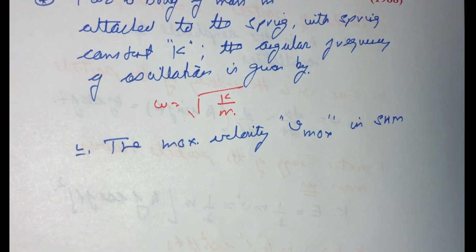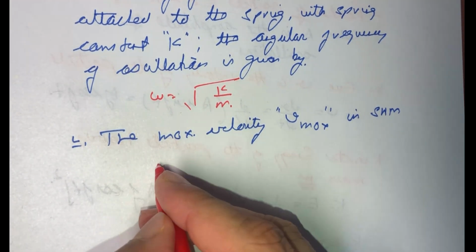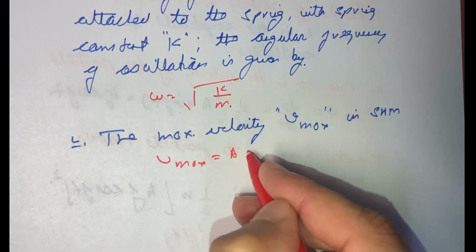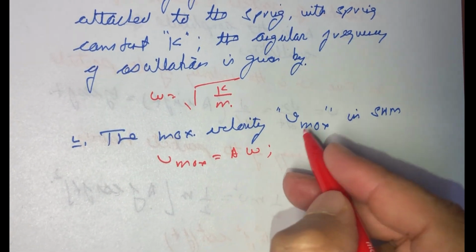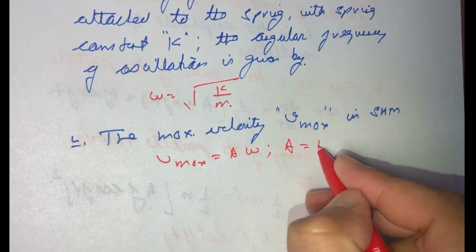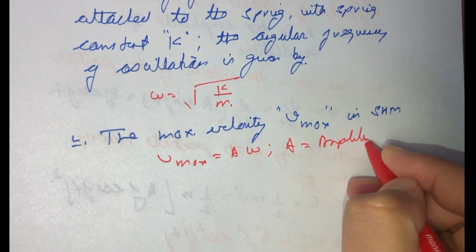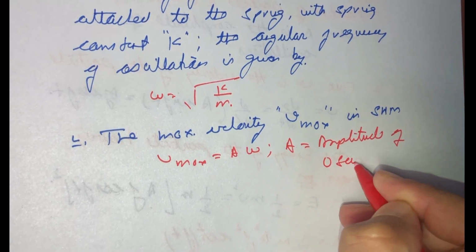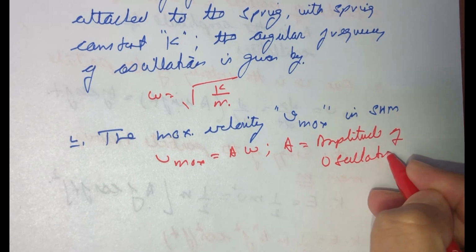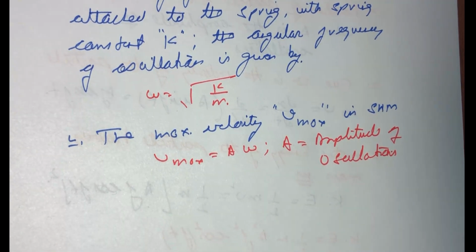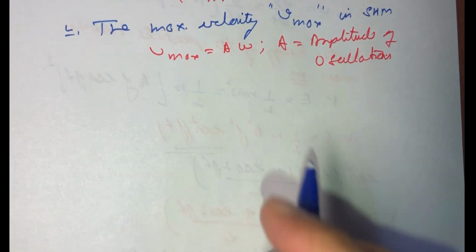It will be given as V max is equal to A multiplied by angular velocity, where A is the amplitude of oscillation. Now we have two bodies M and N.